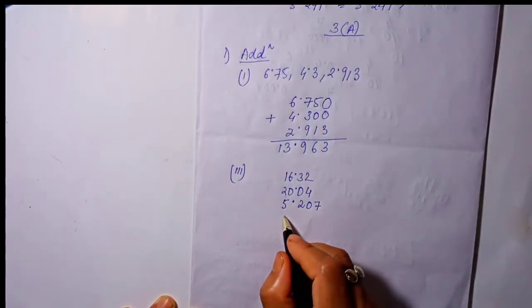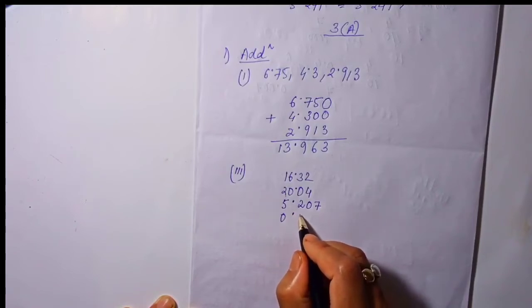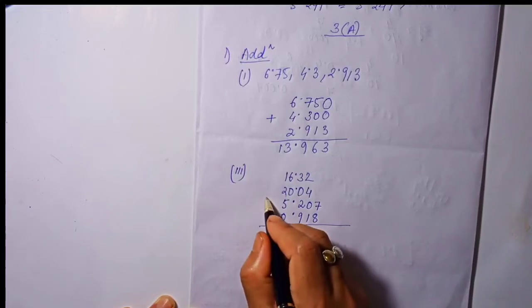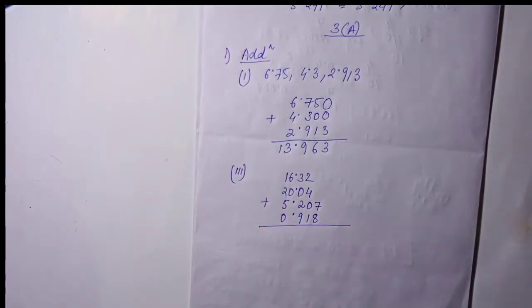The third number is 0.918. We need to add these numbers.